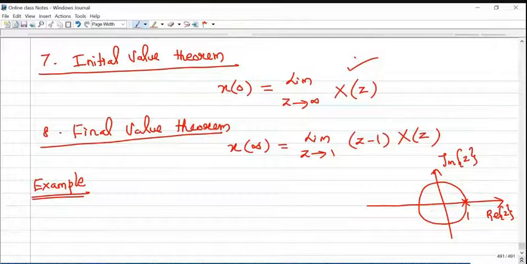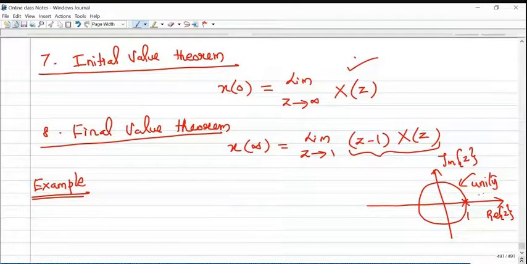If all the poles of the Z minus 1 times x of Z term lie inside this unity circle, then only we can apply the final value theorem. There is a theory behind that, which is not required for you at BTech level.